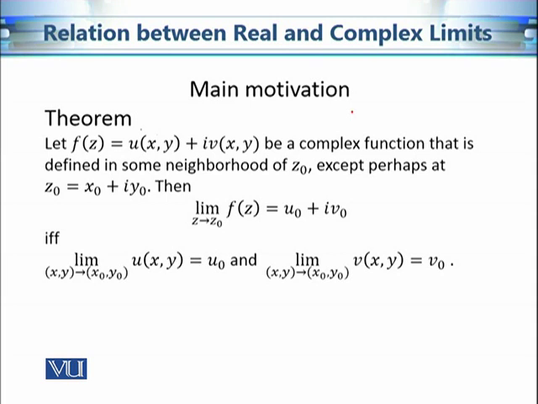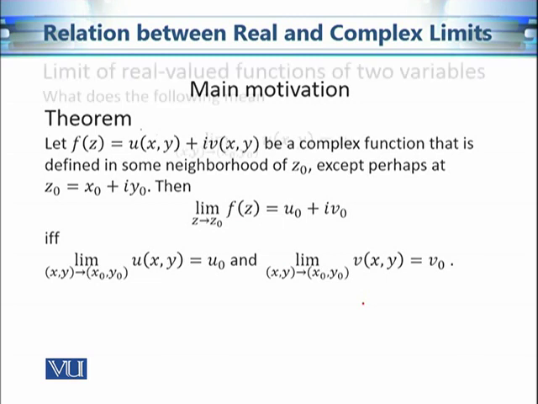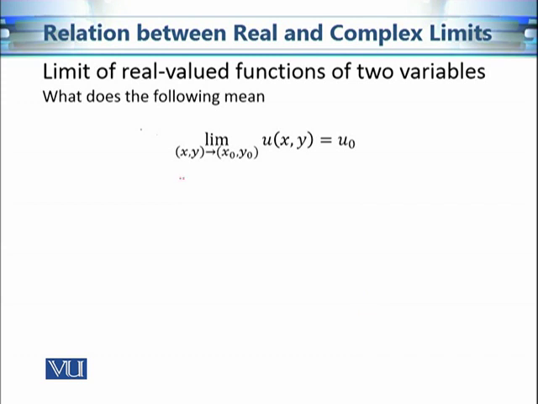In fact, the result says that calculating this limit is logically equivalent to calculating these two separate limits, and these two limits are in fact limits of real valued functions. So that's why we want to understand what the limit of a multivariable real valued function means.